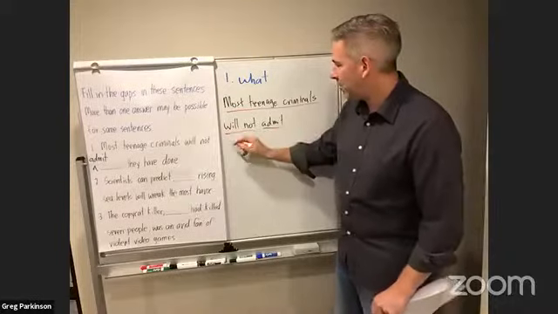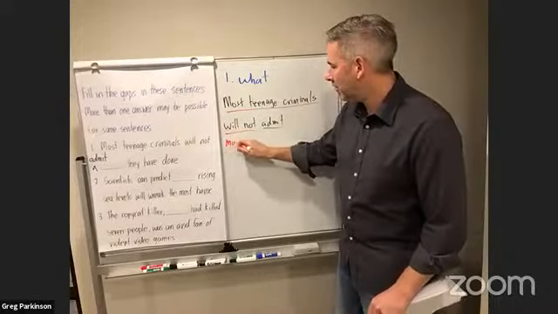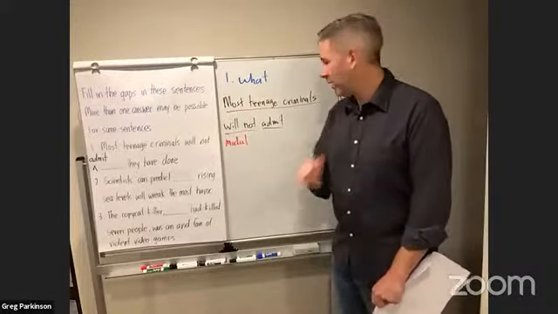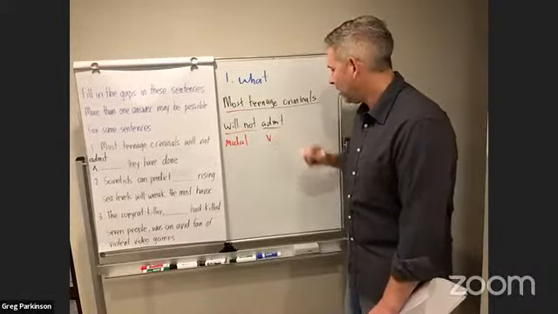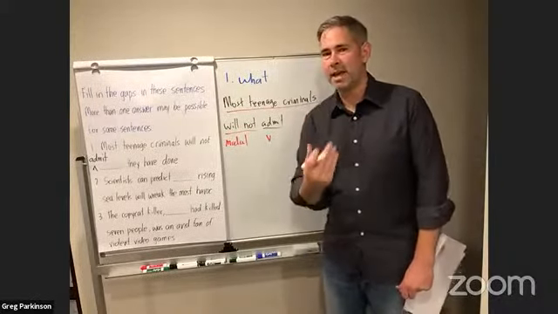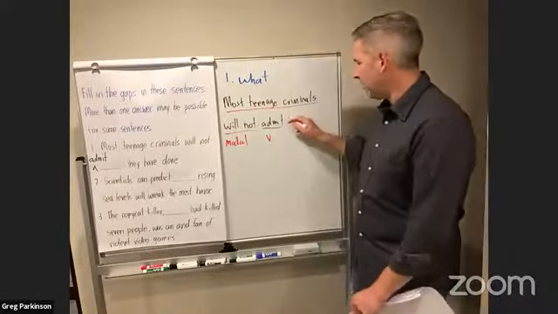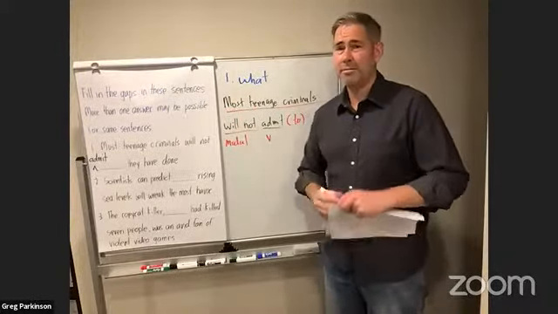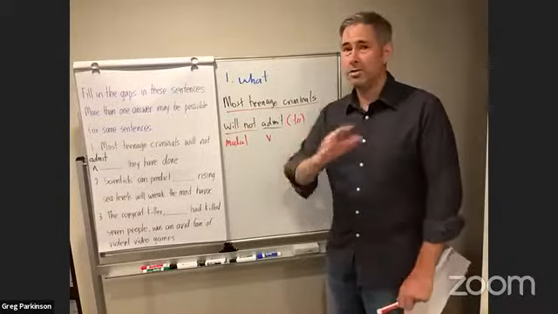You've heard me say the word modal a few times, so I'll write that up so you can see that word written. Here is our verb, and in this case, it's a verb of saying, right? So usually we say, we admit something. Now, some of you might be thinking you need to have two. Not really, you can admit it, but if you had admit to, that would be okay.